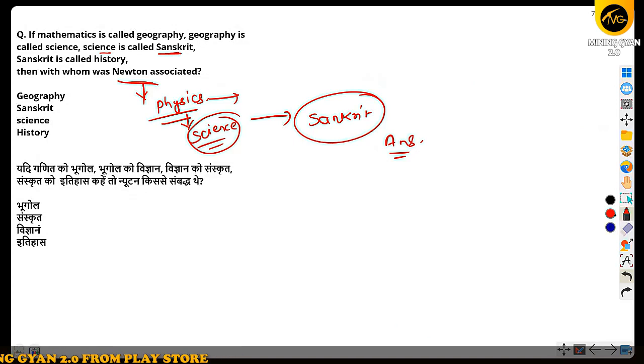So the logic is just find the correct answer and then find out what that answer is already called in the question portion. Newton is associated with physics, physics is a branch of science, and science is called Sanskrit in the question. So the answer will be Sanskrit.